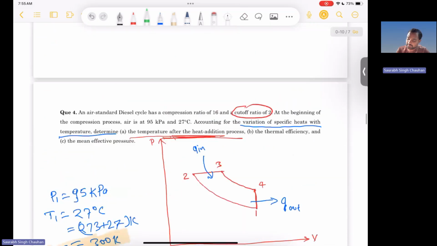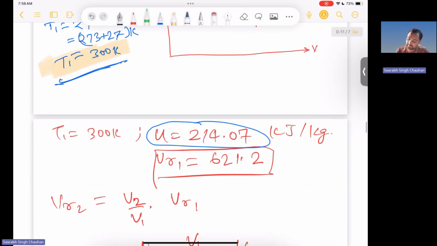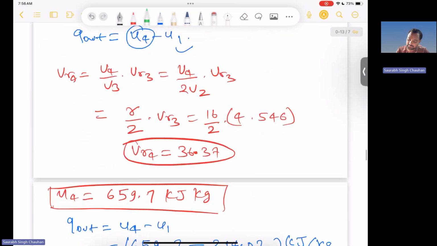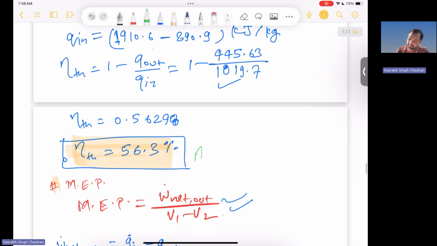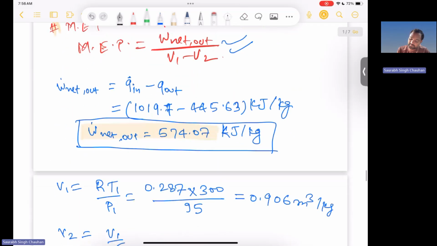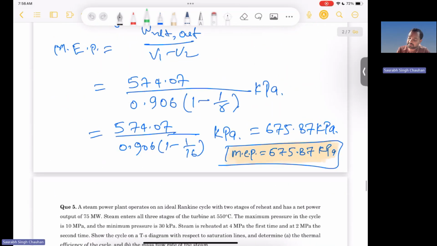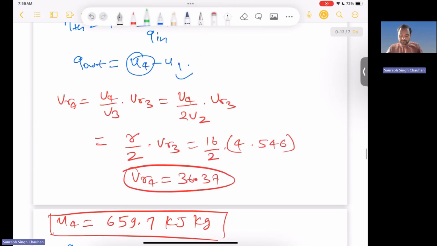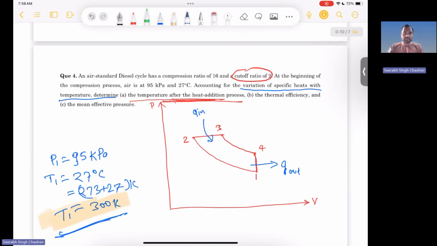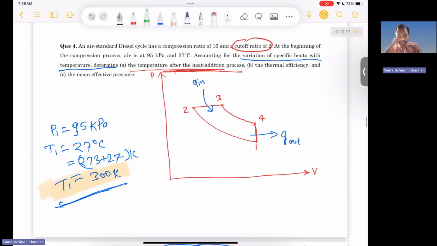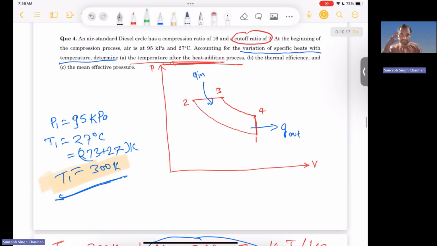And we were asked to find thermal efficiency and mean effective pressure. So thermal efficiency we have calculated, and it is coming out to be 56.3%. And mean effective pressure also we have calculated, and it is 675.87 kilopascal. Okay. So I hope everything is clear in this question. So if there is no doubt, then we can move forward to question number 5.